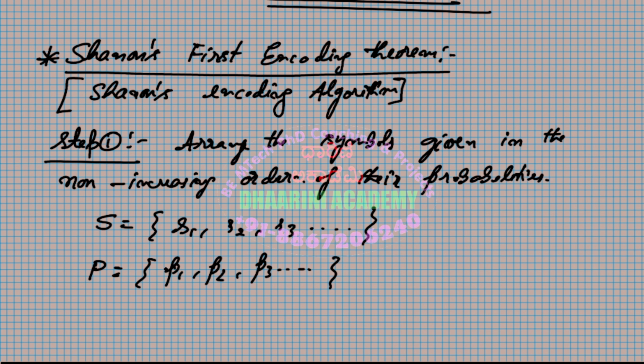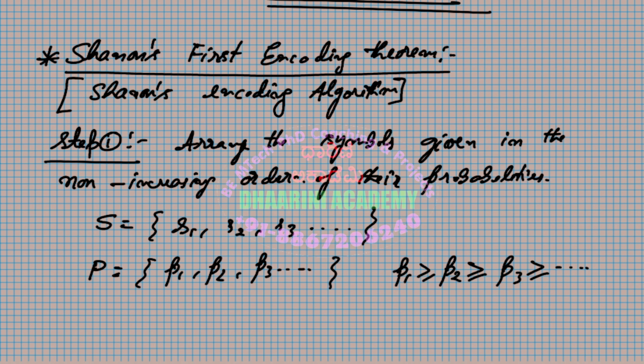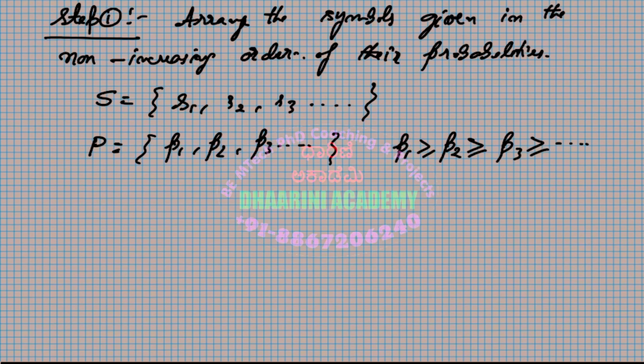It can be equal, P1 equal to P2 is fine, but it should not increase. P1 should not be lesser than P2. So P1 is greater than or equal to P2, which is greater than or equal to P3, and so on. This is the condition. That will be step number 1.